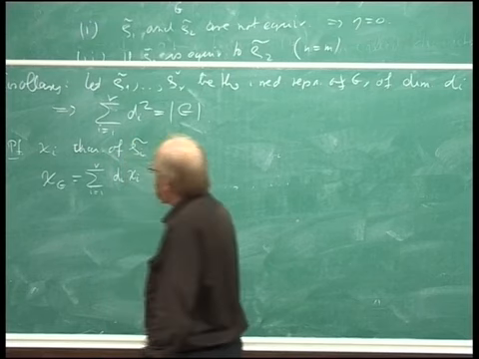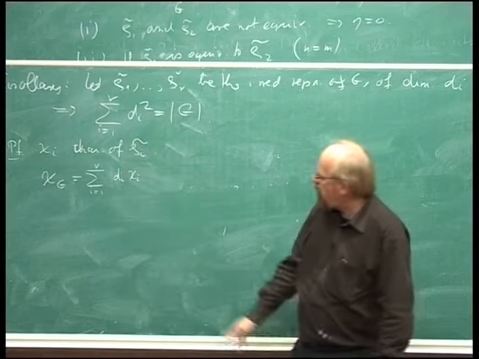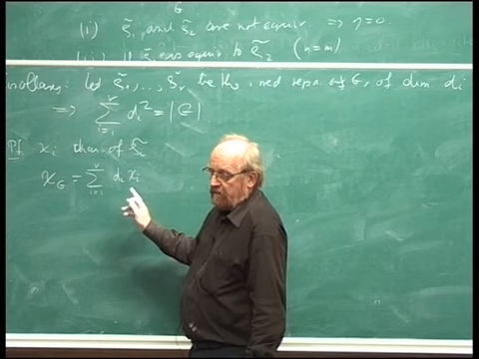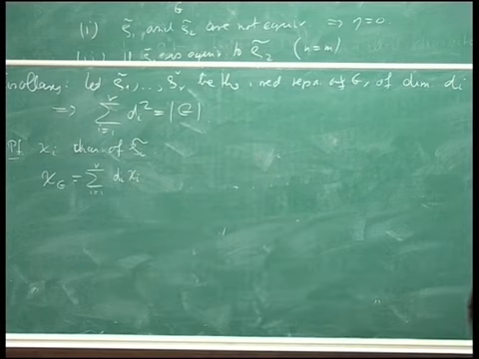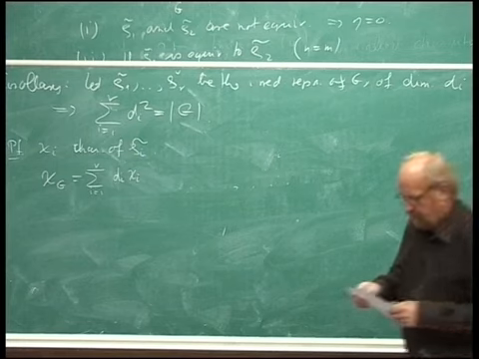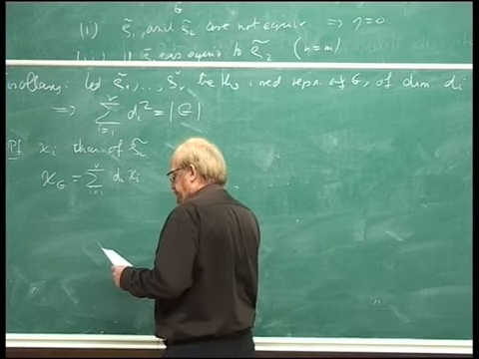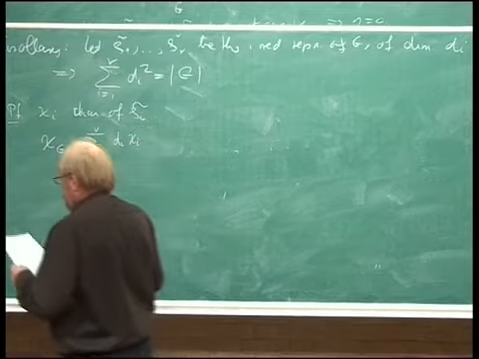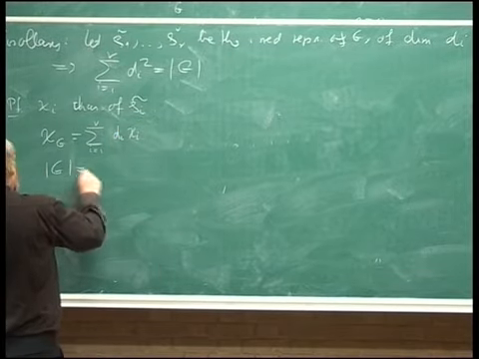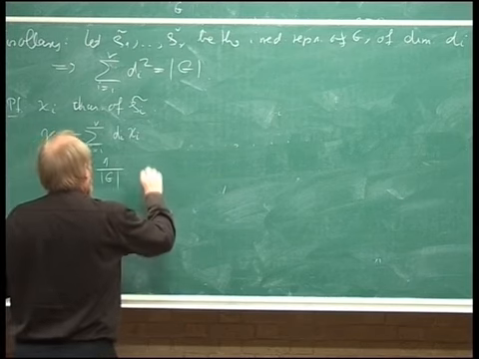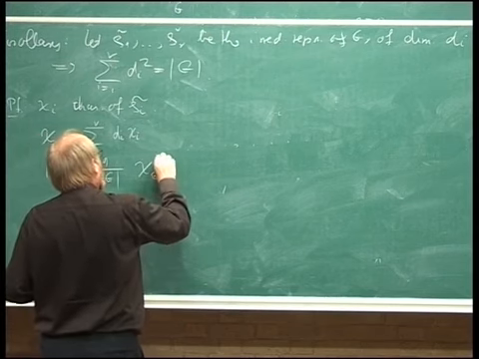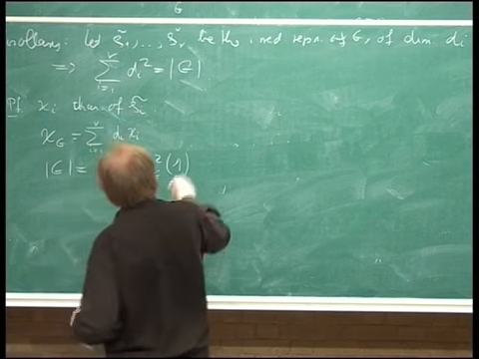So we have this formula: chi of G is the sum over i of d_i chi_i. Then we have the order of G is 1 over G times the sum of chi of G squared at 1.